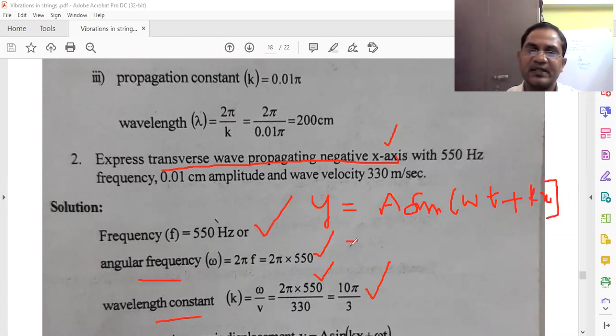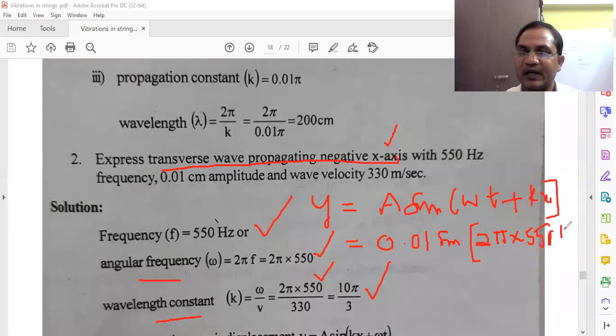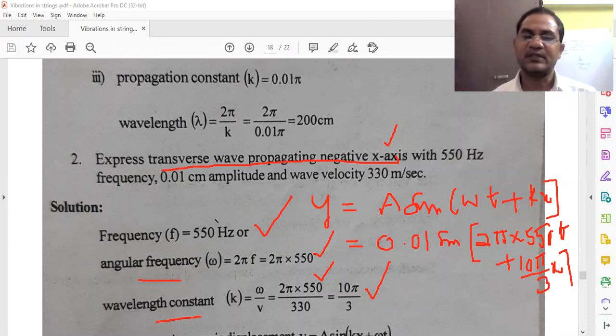This is equal to amplitude 0.01 sine of 2 pi into 550 t, or you can multiply that value, plus kx. k is equal to 10 pi by 3. You write k value 10 pi by 3 into x. As it is, you write x. That's all. This is the required equation.